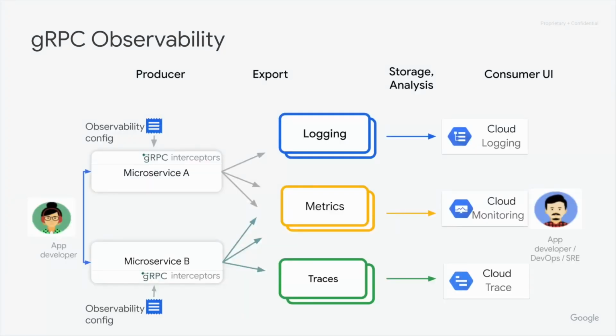When we think of observability, we look at the different stages, starting with the producer stack, which is the instrumentation that goes into the gRPC libraries themselves.